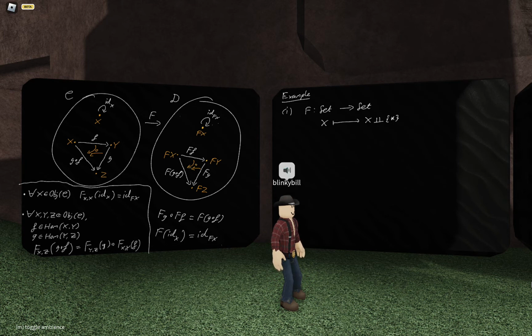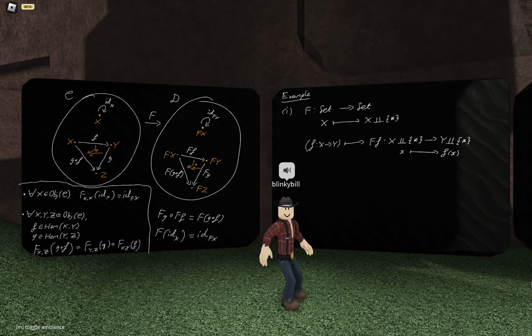So how do we then take maps between sets on the left side and map between these sets with an extra point in them? Well, there's something pretty obvious you can do. You can send any object in X, well, we need to turn it into an object here, and we can do that just by applying F to it.